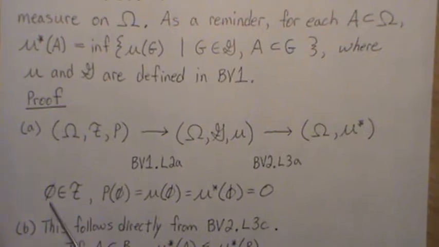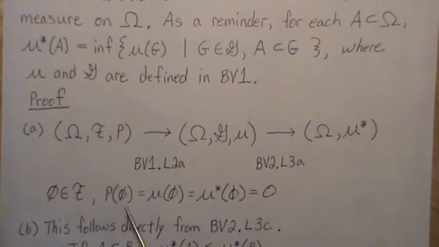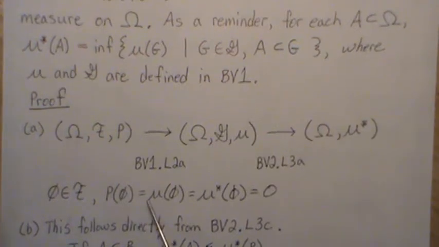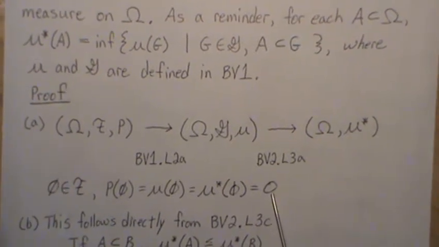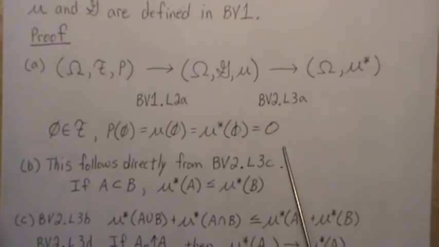Since the empty set is in F, the probability of the empty set is equal to the mu of the empty set, which is equal to mu star of the empty set, which is 0. And that was part A.